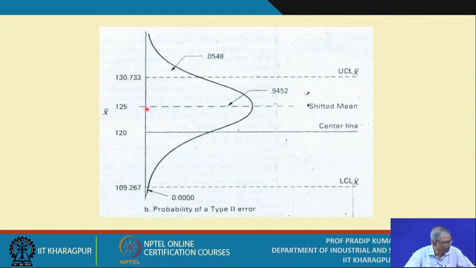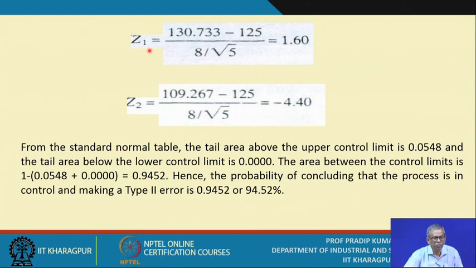Is it okay? So this calculation you do, the z1 at 130.733, the changed mean value is 125, whereas we are assuming that the standard deviation doesn't change.